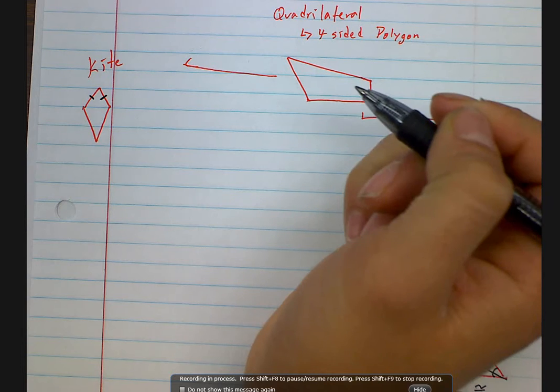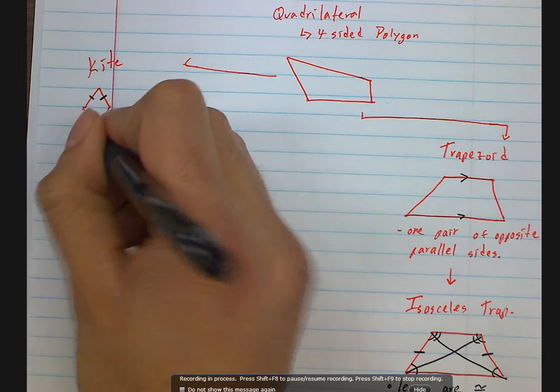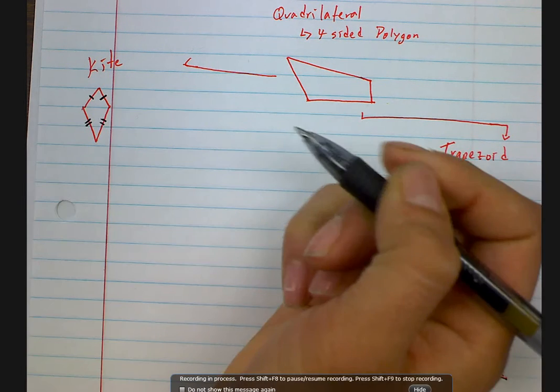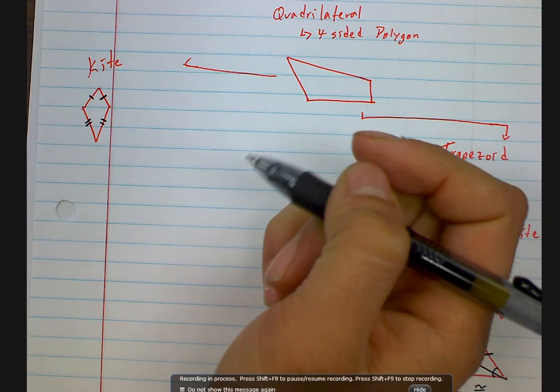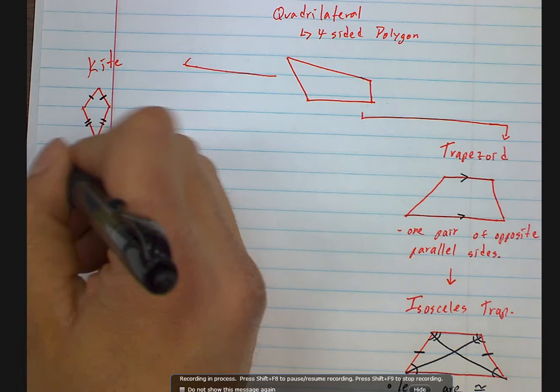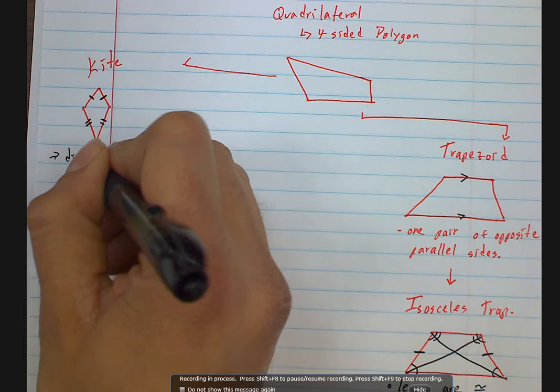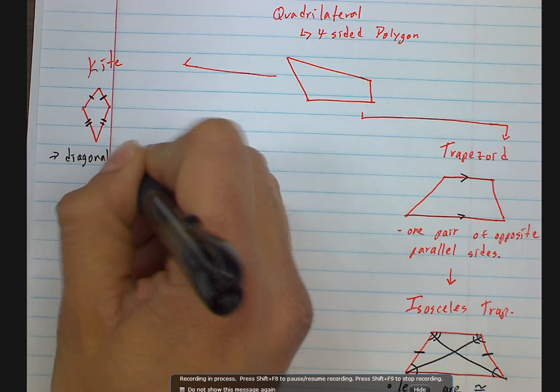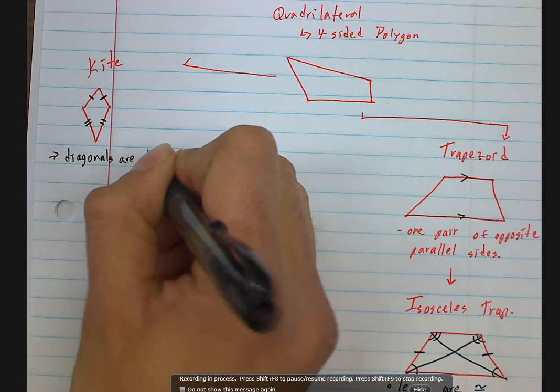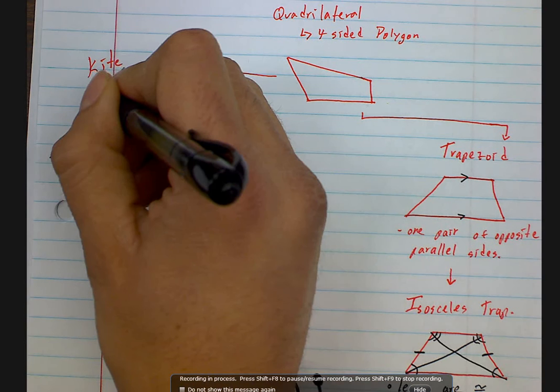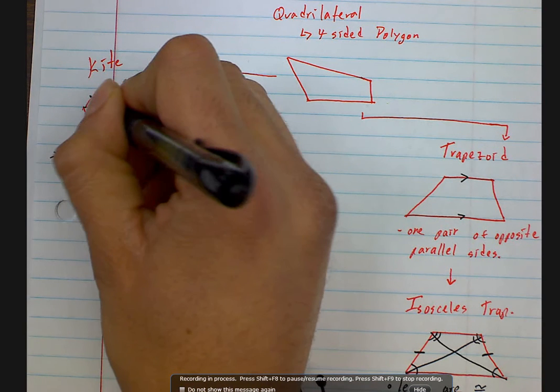You also know that those two sides are congruent. And you also know that diagonals are perpendicular. So if you draw the diagonals here, they make a 90-degree angle.